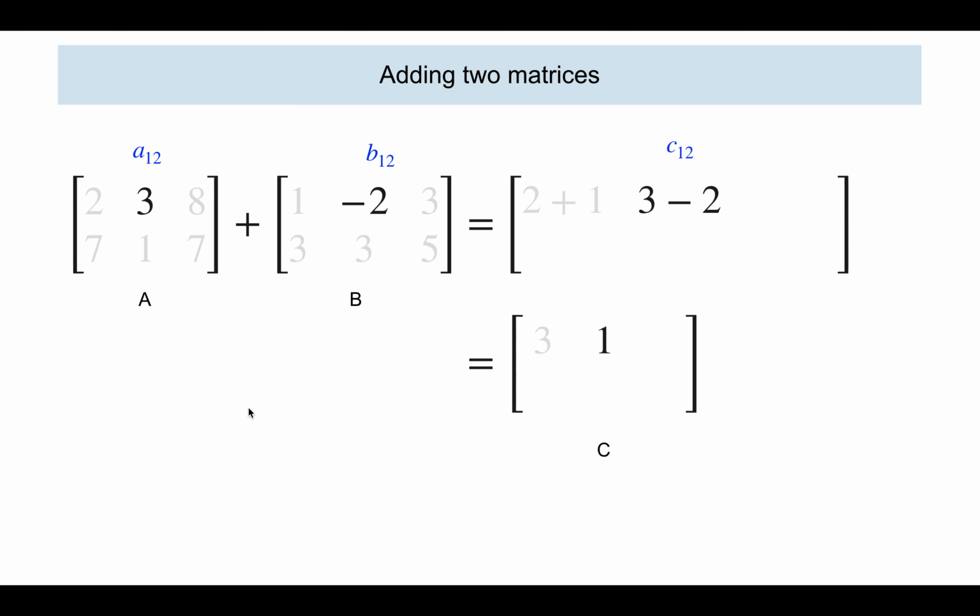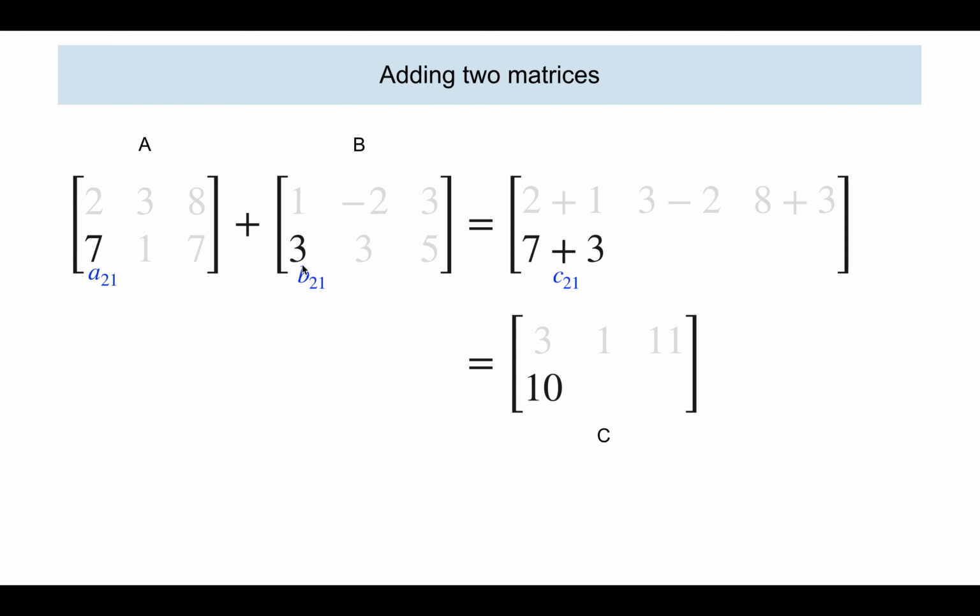Okay, so let's do the third element. So the next is A13. That's 8 plus 3 is C13, which is 11. Does that make sense? Okay, so now moving on to the second row, and so hopefully you can already figure this out, but let's go through the steps anyway. So now you have A21, B21, sum of that is C21, 7 plus 3, which is 10.